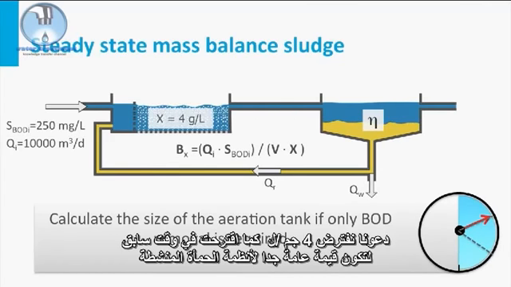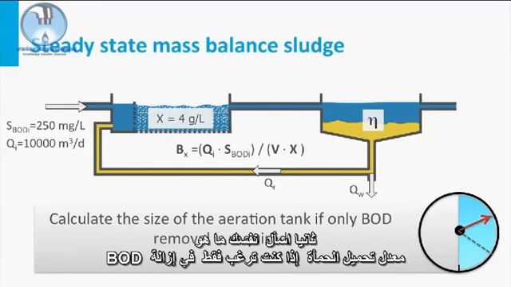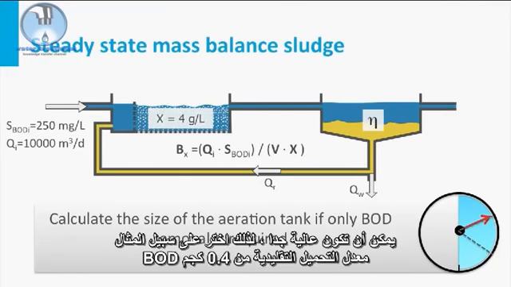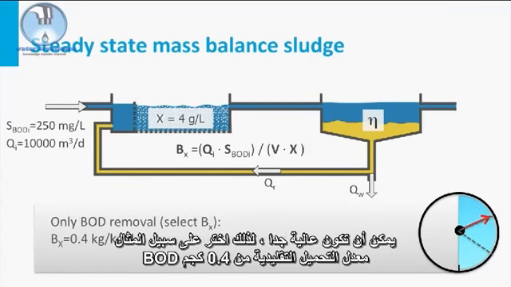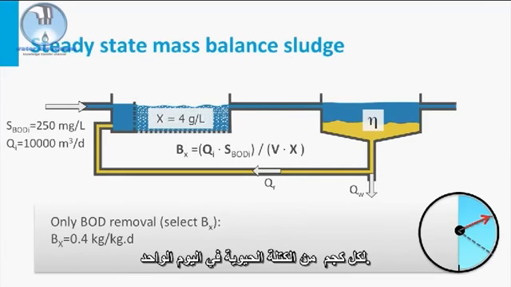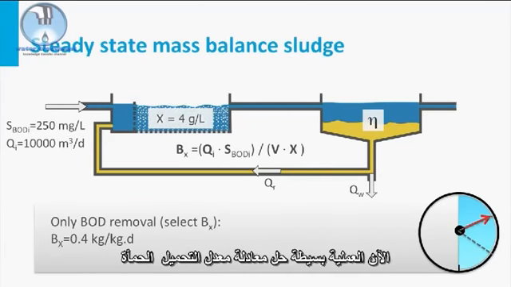Let's say 4 grams per liter, as I suggested earlier, to be a very general value for activated sludge systems. Next, you question yourself, what is the sludge loading rate if you just want BOD removal? It can be quite high, so choose for example the conventional loading rate of 0.4 kilograms BOD per kilogram biomass per day. Now it is a simple exercise solving the sludge loading rate equation.